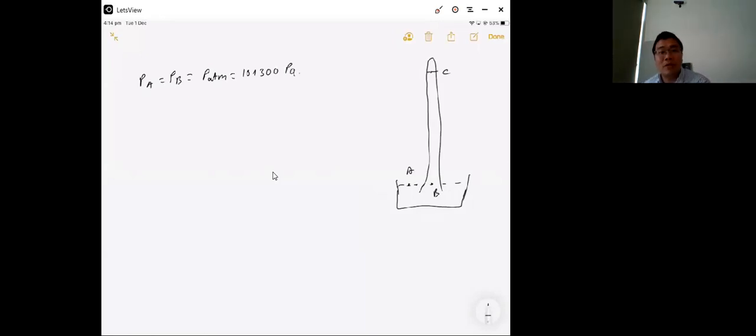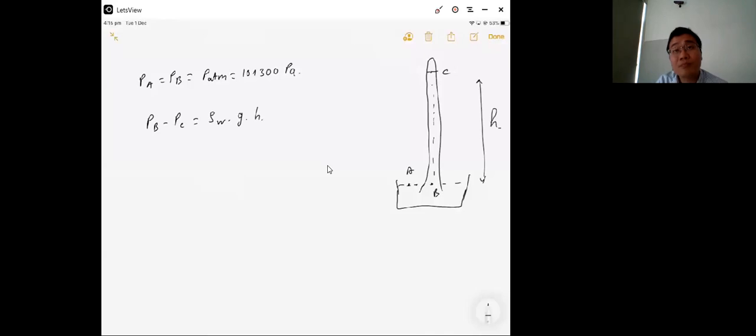Between B and C we have the water, and C is above B, so pressure C will be smaller than pressure B. So PB minus PC will be equal to rho water g times the height, or PC equals PB minus rho water g times the height.